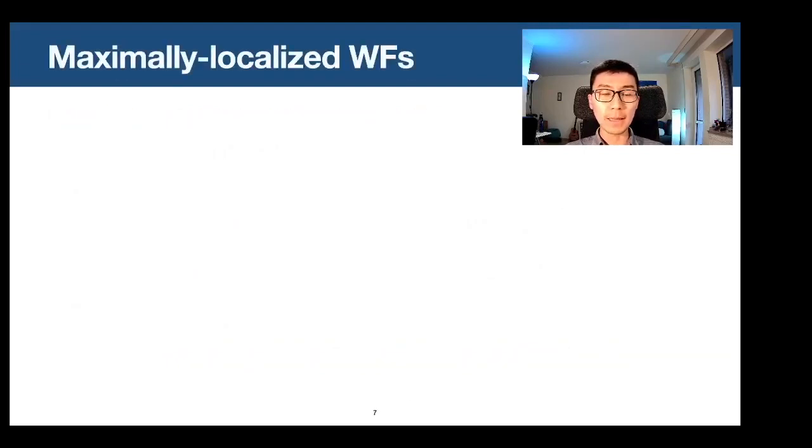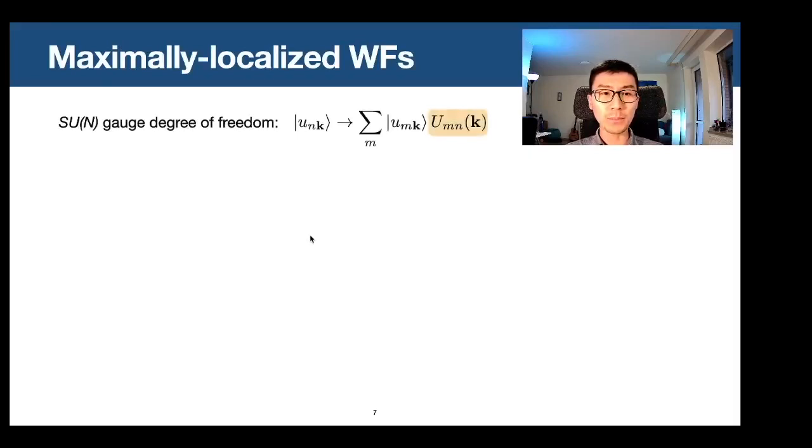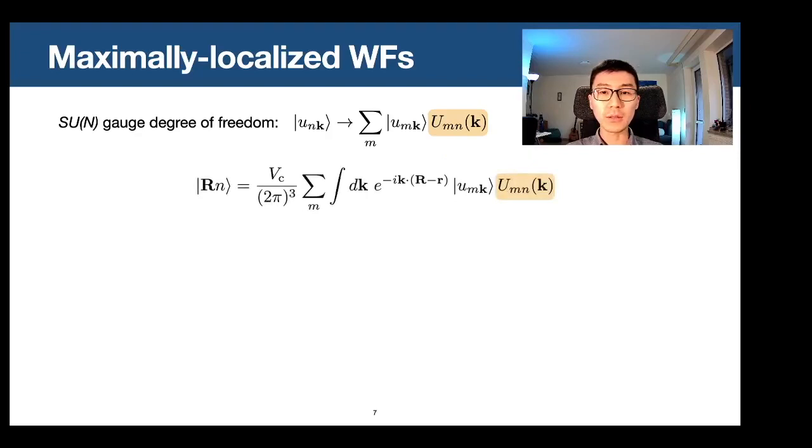So in general, stating the problem again: when we are dealing with N Bloch functions, we have an SU(N) gauge degree of freedom like this, instead of a simple phase factor. So there are in principle infinitely many ways to obtain Wannier functions.